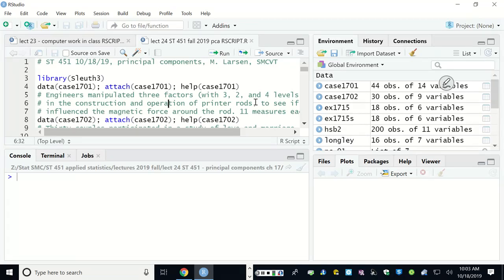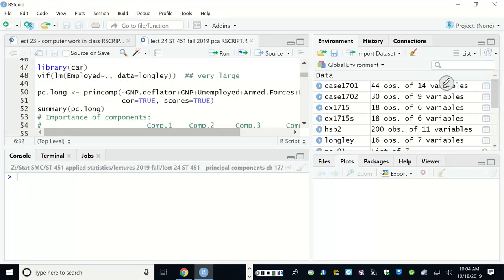The first is an example where I designed an experiment where there's 11 measurements on each rod, so there's kind of 11 repeated measures. And so these 11 are highly correlated, so you probably don't want to put all of them in there to predict at once.